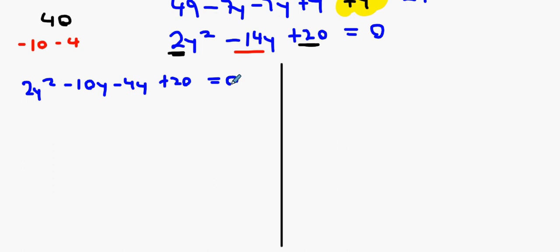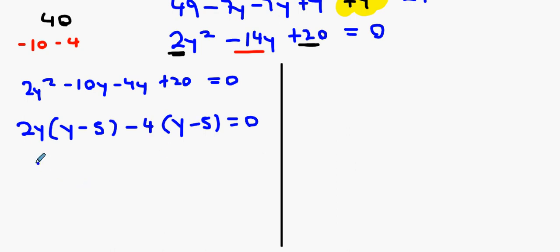Now what next? What can you take out of the first two? 2, 1. Yeah. Into? y, 5, minus 5, yeah. Then after that? 4, yeah, into? y, 5. Okay.